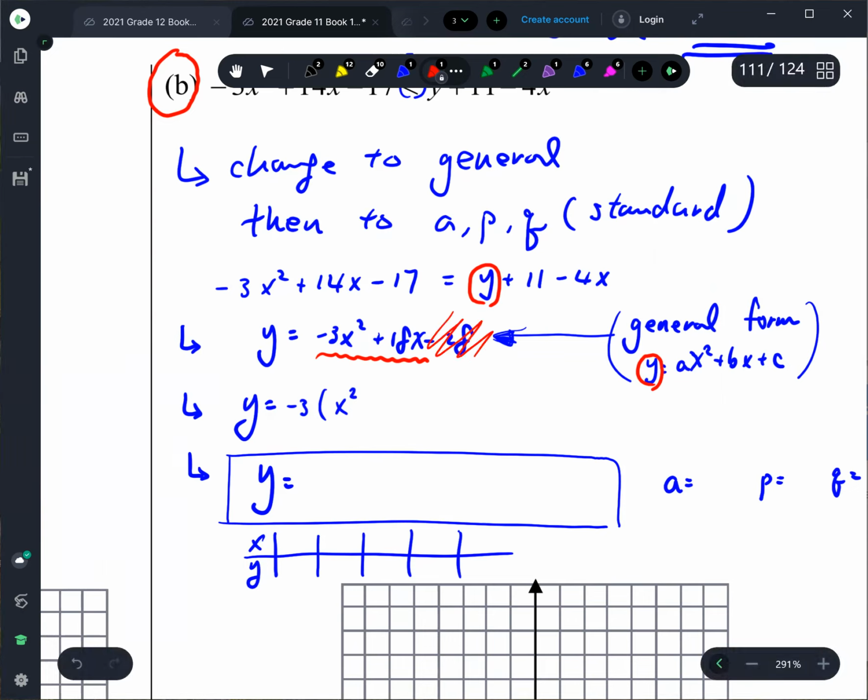Pretend you don't see the -28 for now, okay? Take out the -3. So 18x, if you divide it by -3, what's left? -6x. Yeah, so this is called factor A, your step 1, okay?